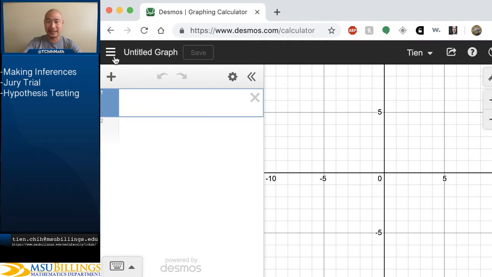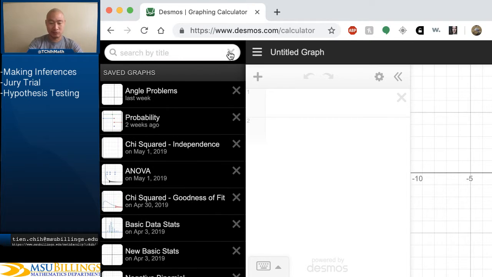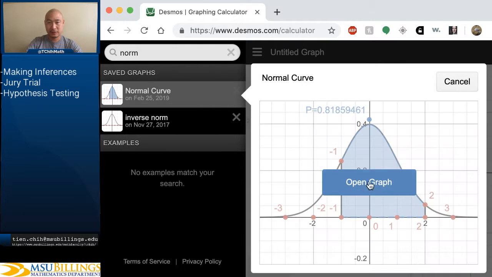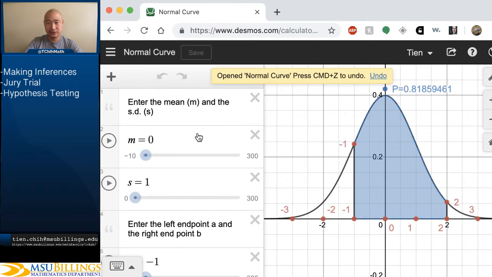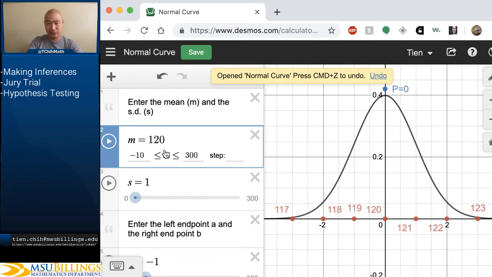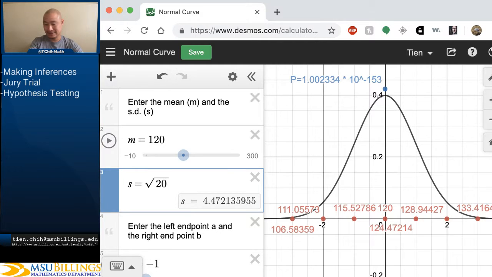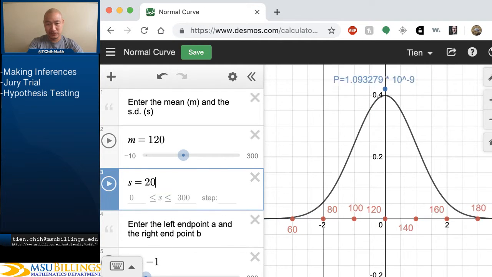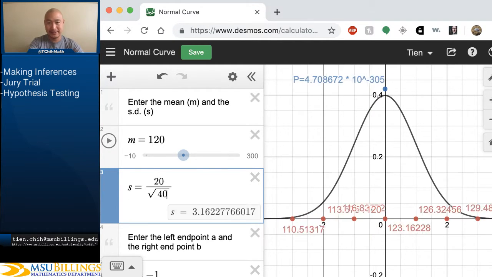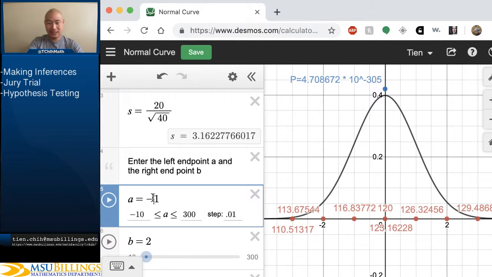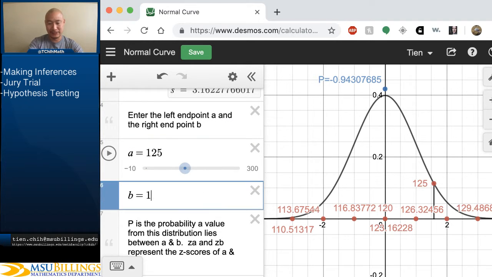Well, we can go ahead and break open our normal curve calculator. So we know the mean of our distribution is 120 pounds. 20 over the square root of 40 is the standard deviation. And we want to know, let's say between 125 pounds and let's say 1,000,000 pounds. Give it a second.